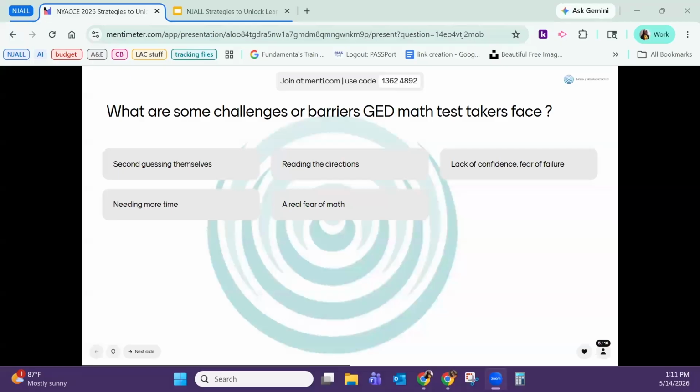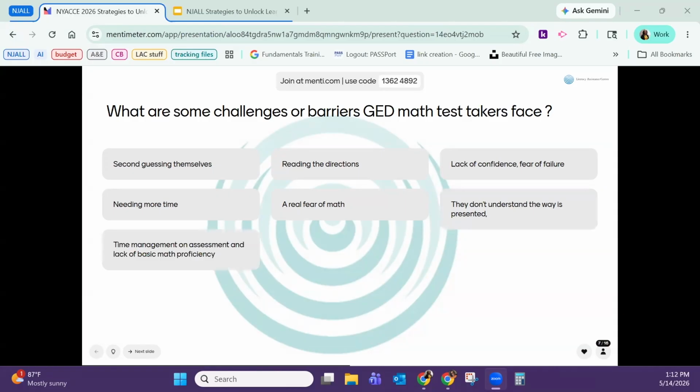I see that some of you have already started answering: second guessing themselves, lack of confidence, fear of failure, a real fear of math, right? There's always that one. Needing more time. Good point. Reading the directions. Time management on assessment and lack of basic math proficiency. Anything else?